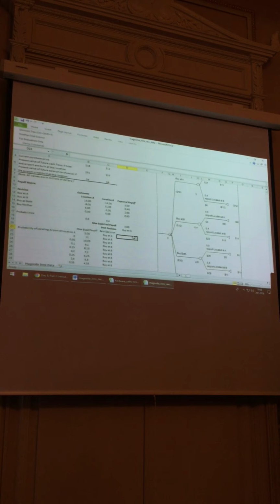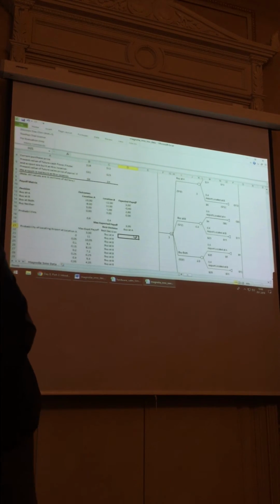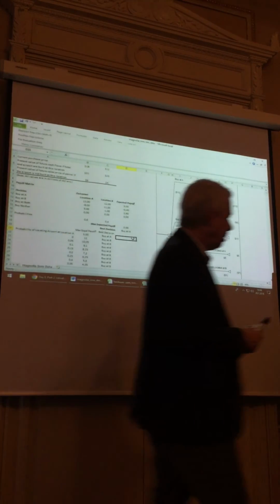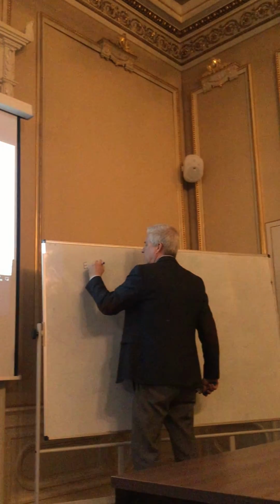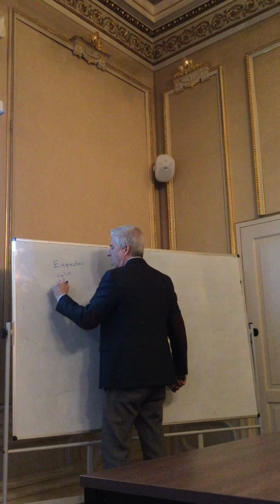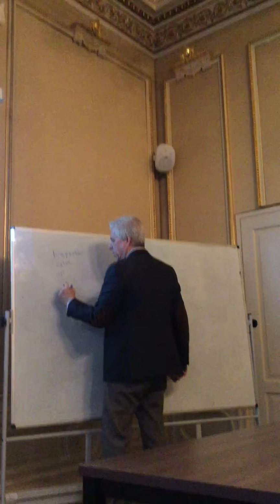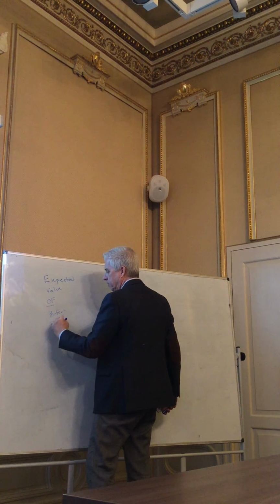All right. So one quantity that I like to ask about on exams is called the expected value of perfect information. So this can be a little mysterious. So let me talk about it for a second. Expected value of, very important here, perfect information.